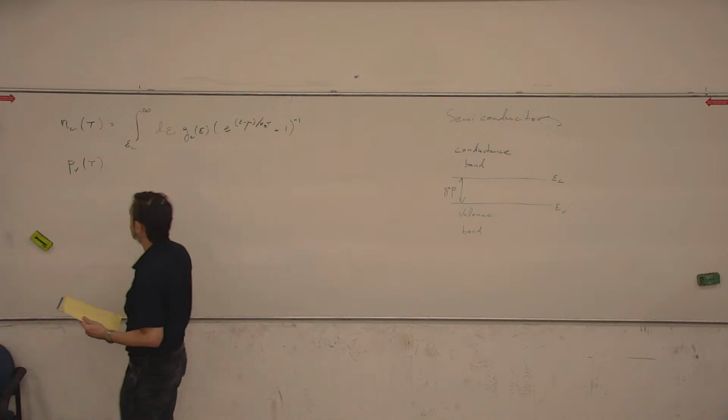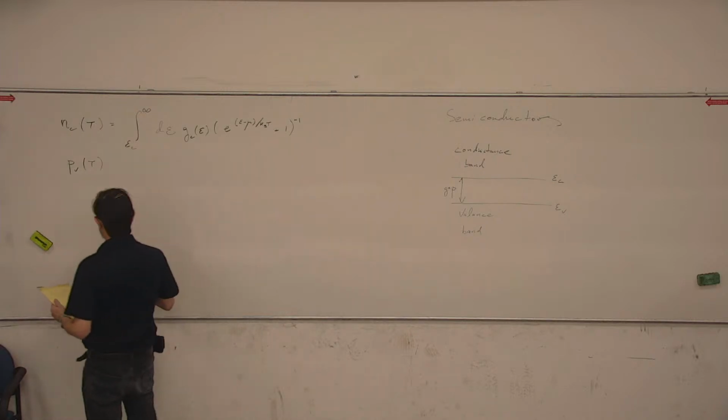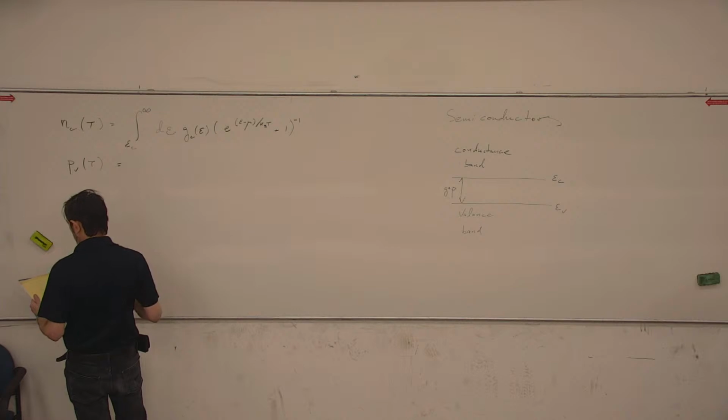The number of holes in the valence band, holes meaning the absence of electrons.